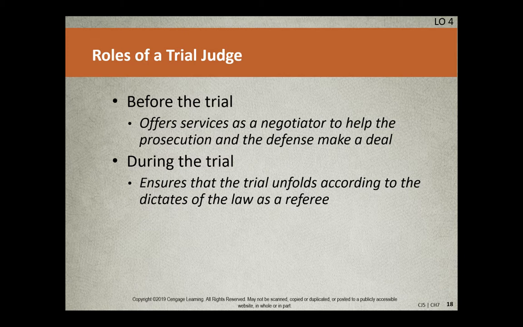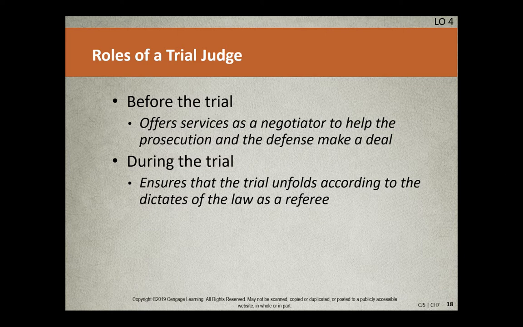He's going to really be looking at the evidence and make sure that there was enough evidence. And the judge is going to take on this role pre-trial as a negotiator because the defense and the plaintiff are going to be bringing different pre-trial motions to the court. Throughout the trial process, the judge spends a great deal of time in his or her chambers or office where negotiations are happening with the prosecutors and defense attorneys.